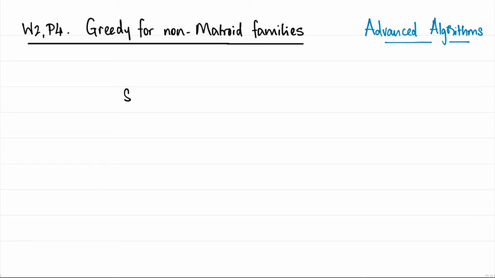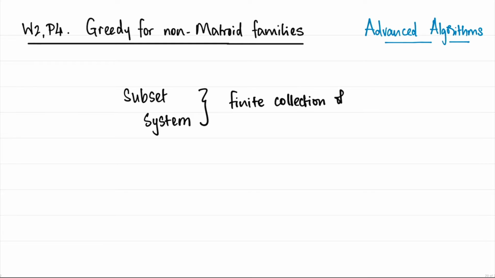So let me introduce another term here, which is a subset system. So this is simply a finite collection of hereditary sets. So recall that heredity was the second property that we defined when we were talking about matroids.